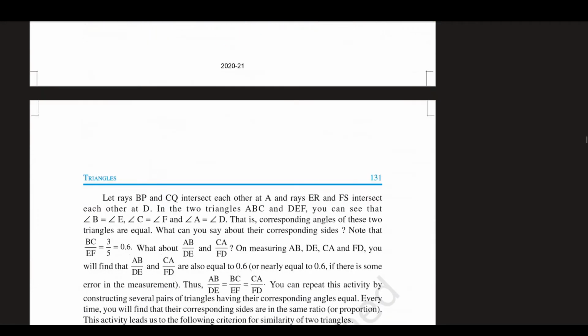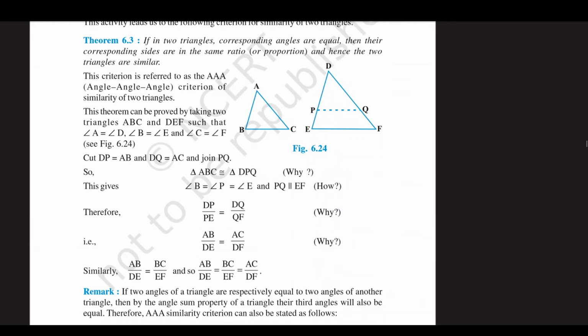Now we have first this theorem, theorem 6.3, which states that if the corresponding angles are equal, then their sides are in the same ratio. This is known as the AAA, angle criterion for similarity of two triangles.